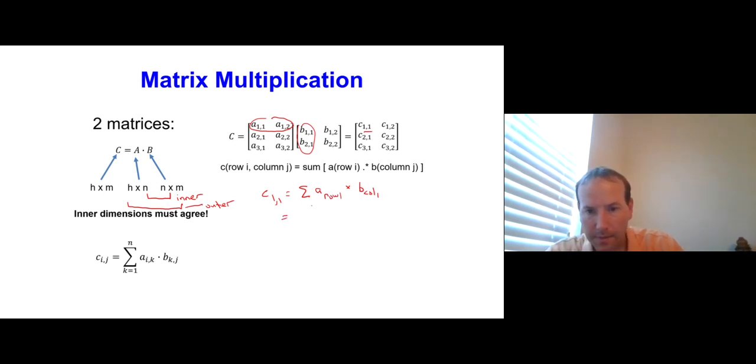If you look at the individual elements, I always sweep this way and then down. It's across and then down. So it's A11 times B11 plus A12 times B21.